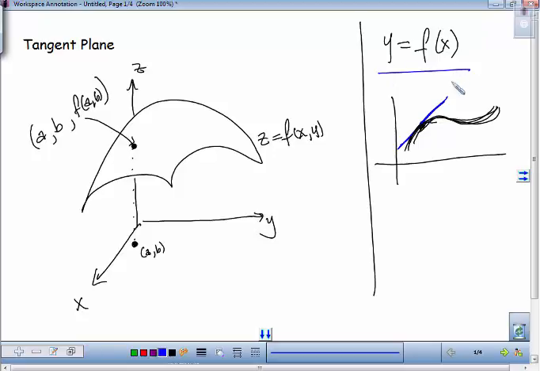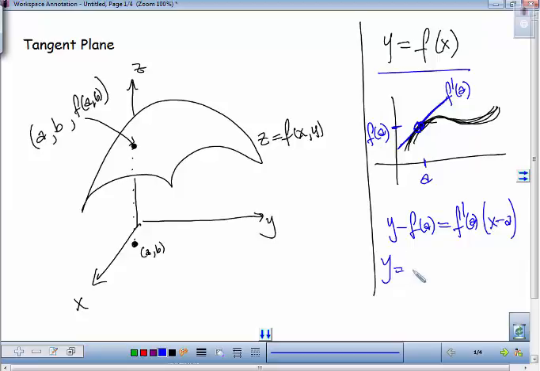If this is your function and you have a point A here, and this is going to have a y value of f of A, and the slope is f prime of A, then the equation for this line is y minus y1 is equal to the slope times x minus x1.